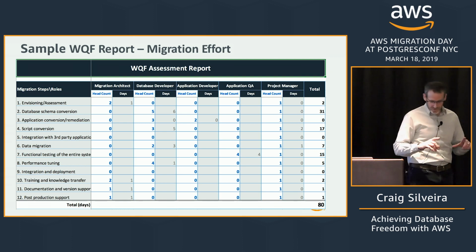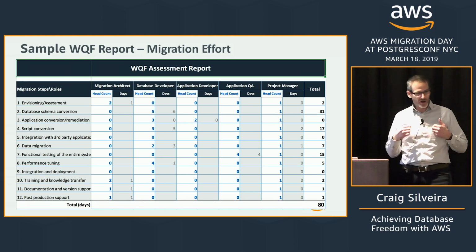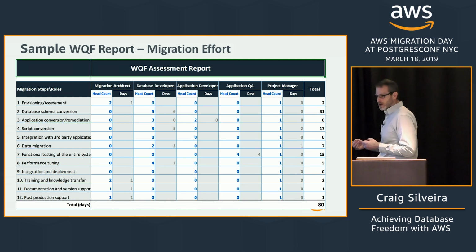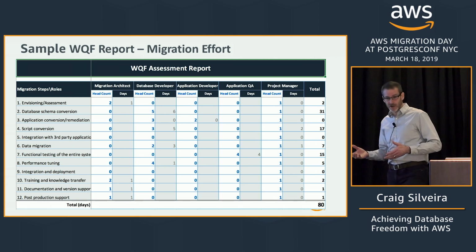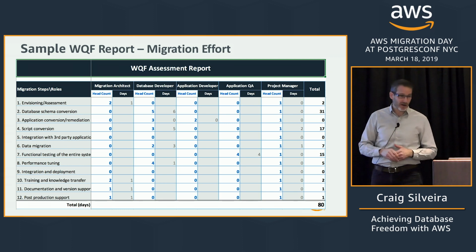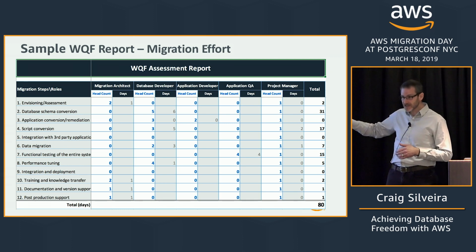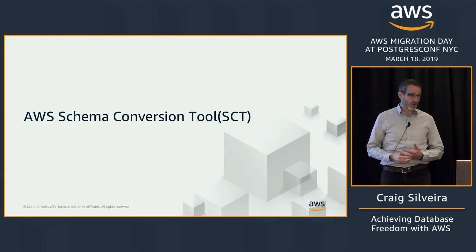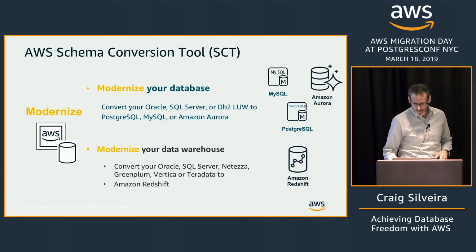So one of the new features in the tool is a section on the spreadsheet where you can add in or adjust relative skill. So if I know I'm working with someone that's done migrations before, has done an Oracle to Postgres migration, I'm going to rate them higher than someone that's doing it for the first time, right? And then if I adjust that, the number of days is likely to go down because they can do a lot more things a lot more quickly, okay?